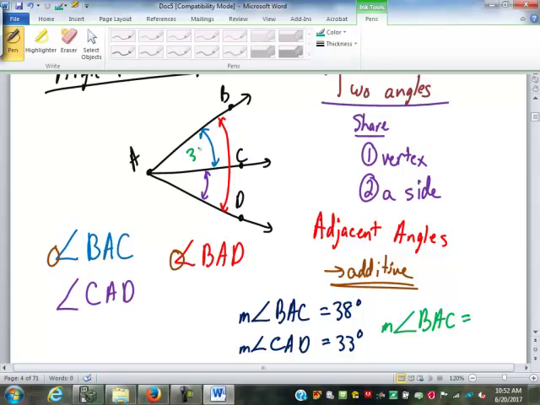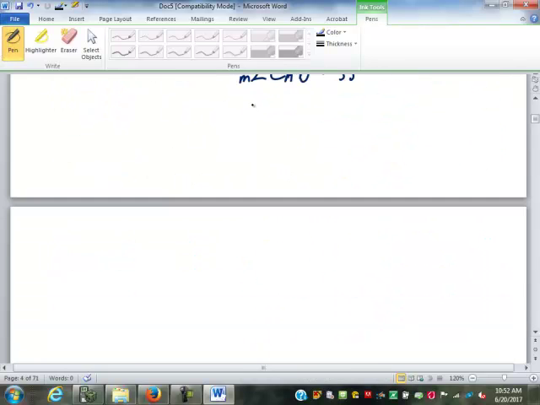Well, this is 38 degrees and this is 33 degrees. I add them together. So I'd add that up to what? 71. 71 degrees. They are additive. And like I said, they could be subtracted as well.